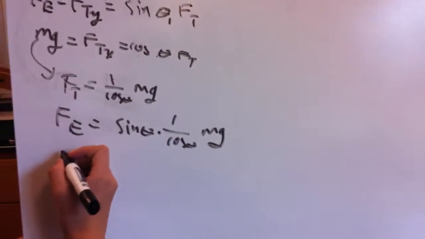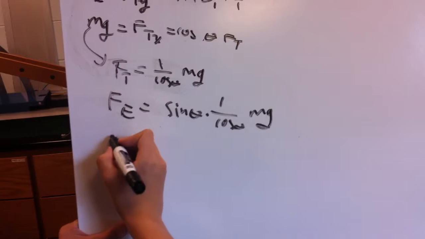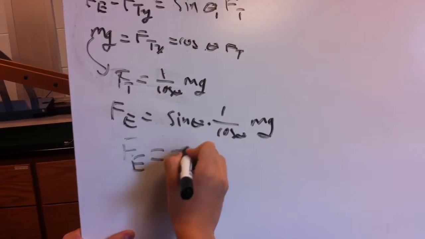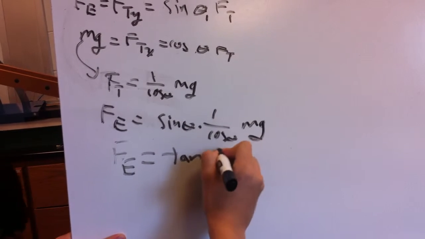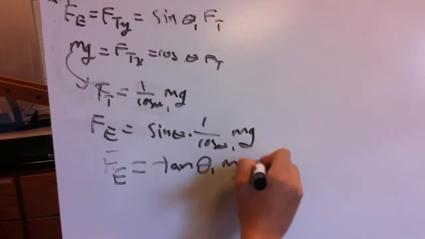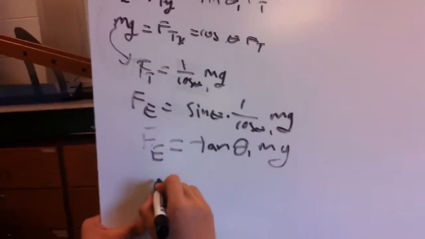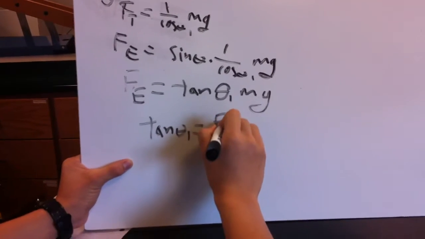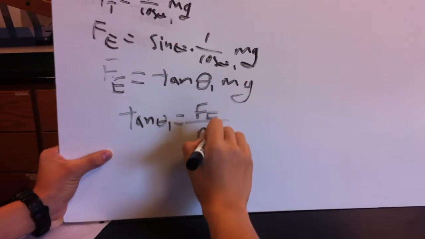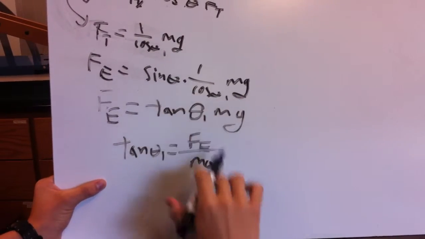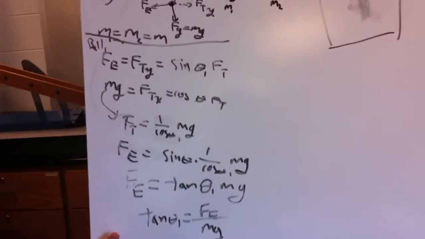And then from here, we can get that Fe equals tan theta 1 times Fg, and tan theta 1 equals Fe over mg. I'm just using M, since M1 equals M.